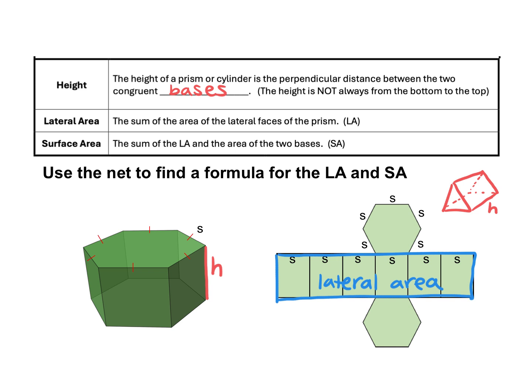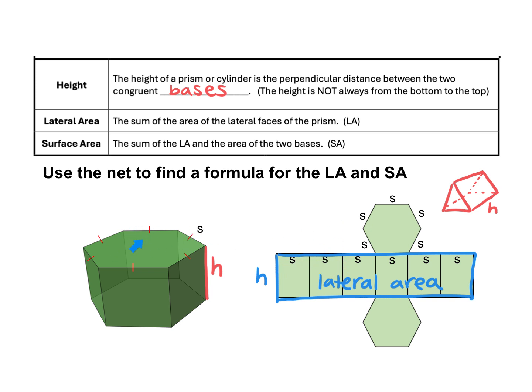Let's see if we can notice a pattern for the lateral area and the surface area. Notice that the lateral area of a prism is just one big rectangle. The height of that rectangle is the same as the height of the prism right here. And then the length of the rectangle is these 6 sides added together.